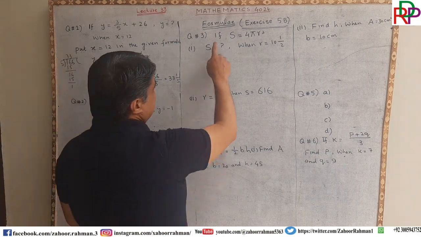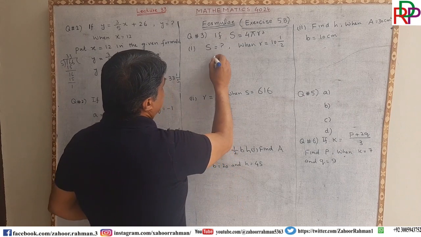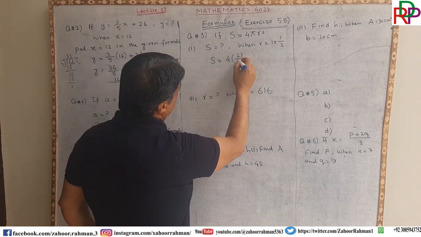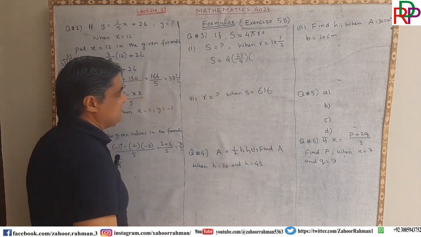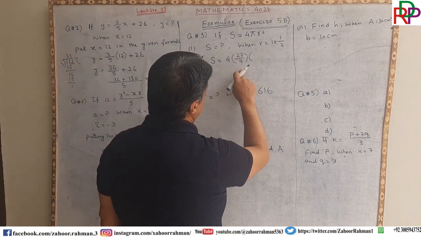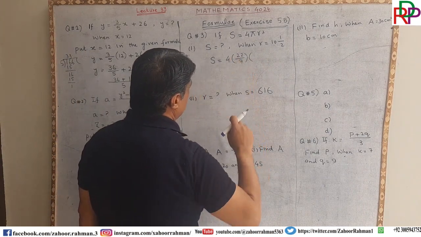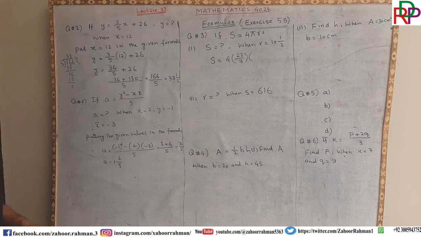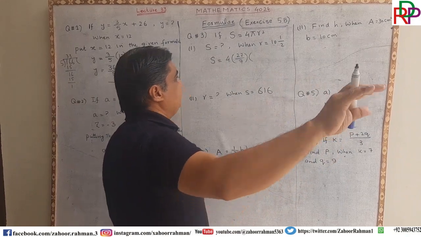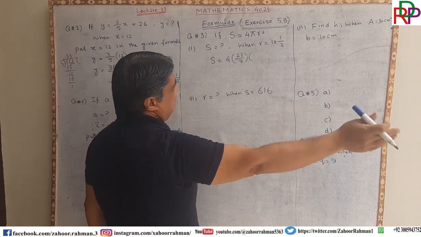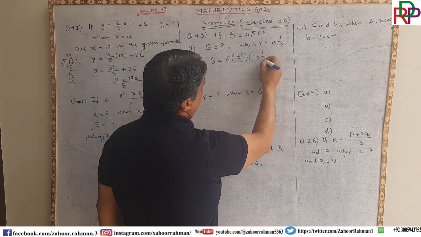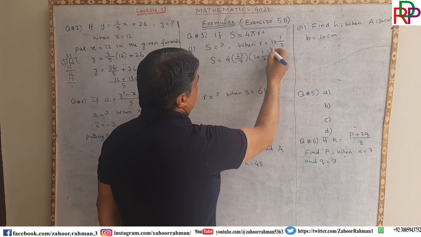So they are saying that find the value of s, and then 4 into 22 over 7, that is a constant. Wherever you are going, you will have to put 22 over 7. When 22 is divided by 7, it yields 3.14159 and infinite, never stopping numbers. And instead of r we put 10 whole 1 over 2 square.